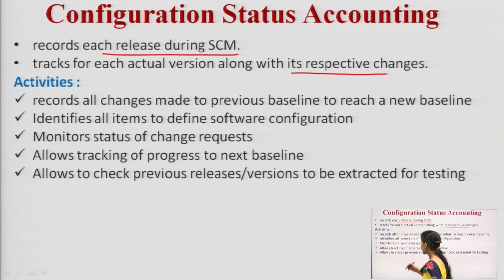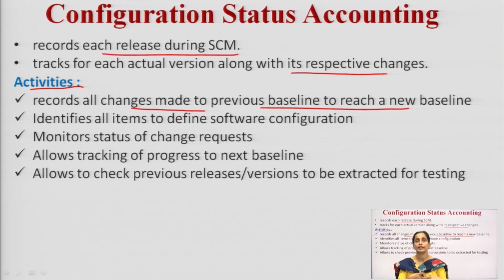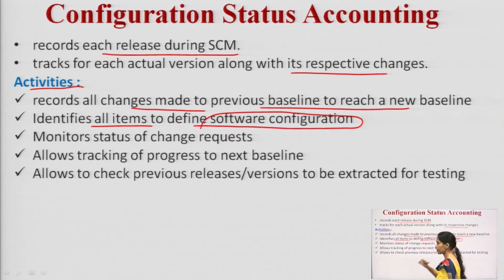So, the activities done in this configuration status accounting phase: it records all the changes that are being made to the previous baseline, so that we can reach the new ready software. Then it identifies all the items to define the software configuration.